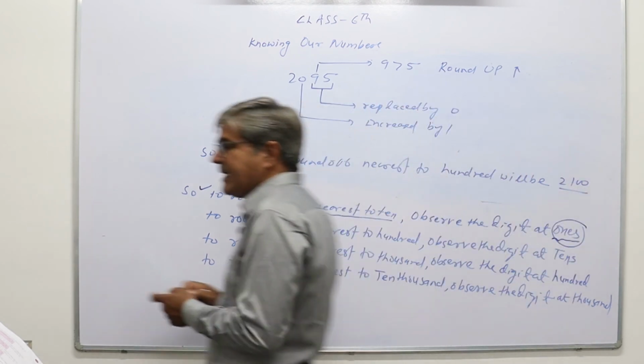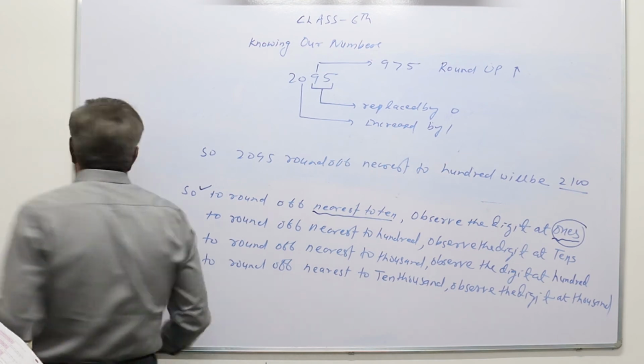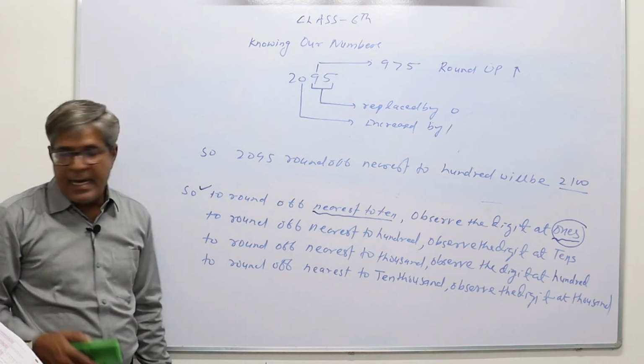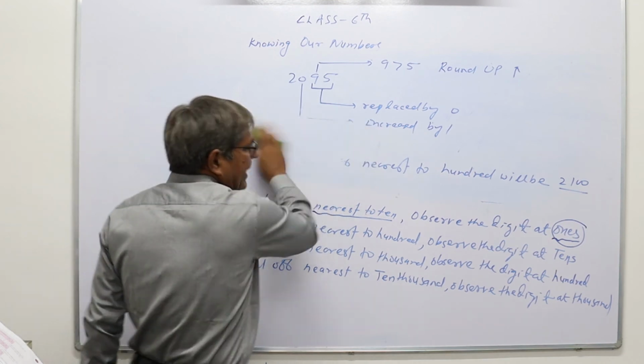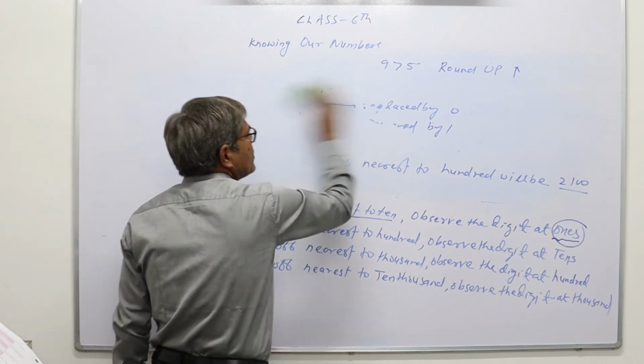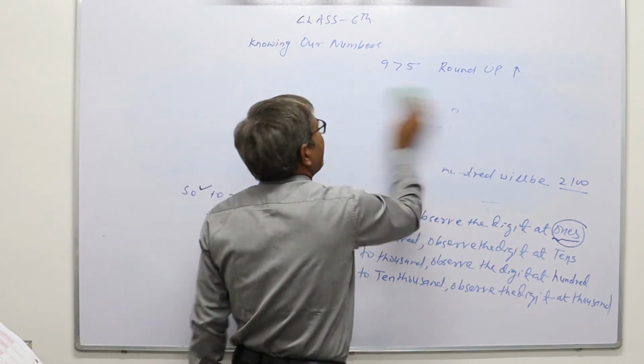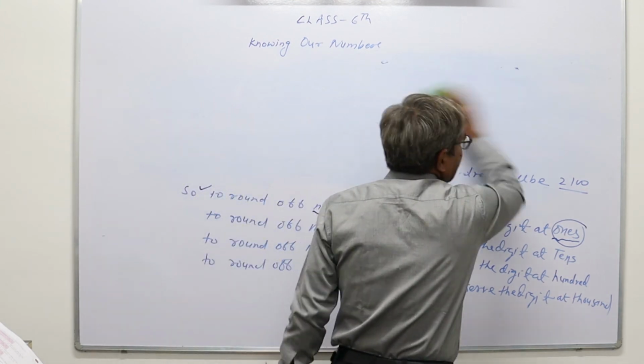So this is the example to round off the given number nearest to 100. Now we will take two more examples, to round off nearest to 1000 and then nearest to 10,000. Then you can do the exercise easily.